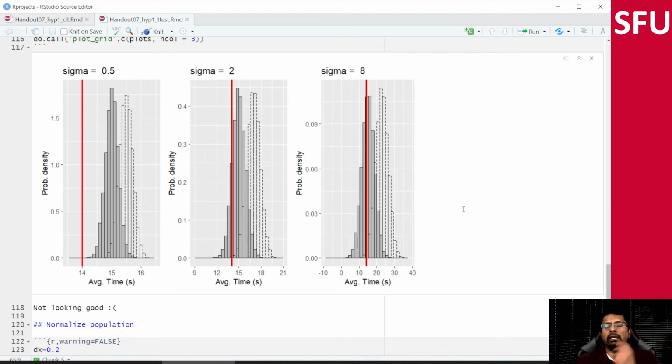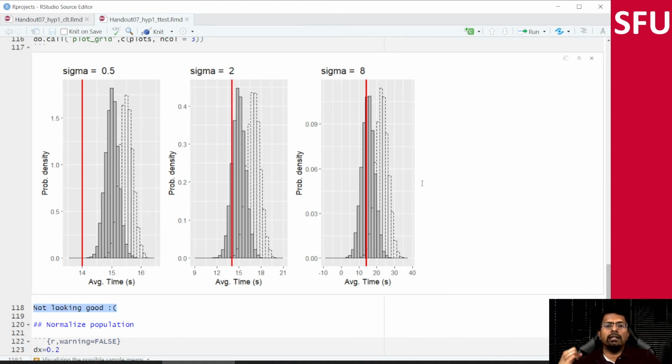You can keep increasing, and eventually, whatever the sample is, even if the sample mean is very low, you could still pick a large enough sigma that it comes inside the distribution of possible means. So this is not looking good.